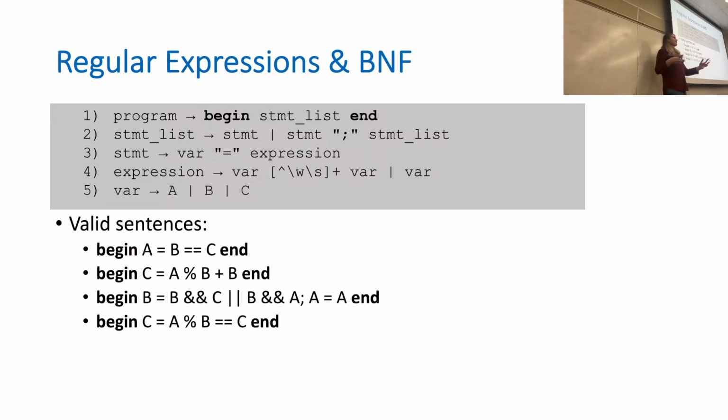So nominally, this allows, structurally speaking, any operator to be placed here. We can do A mod B, A and B and C, or B and A. We could do pluses, minuses, equals, equals. We can do whatever we want, so long as they match this regex.